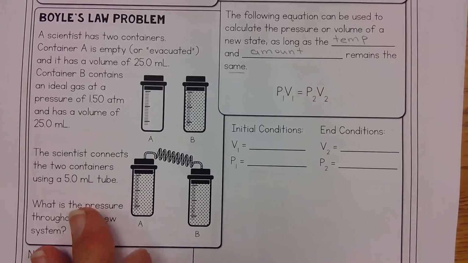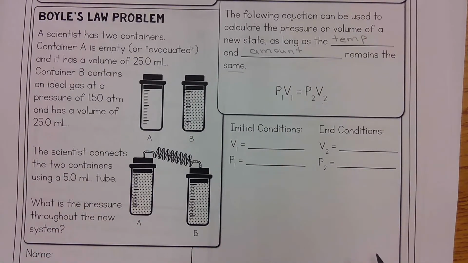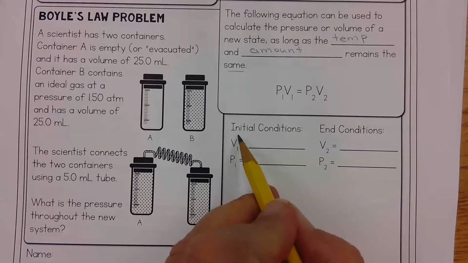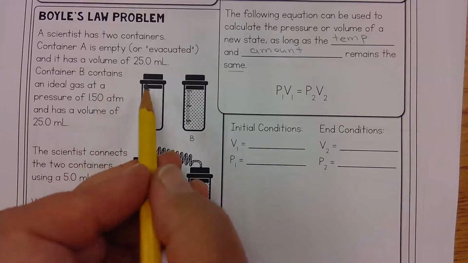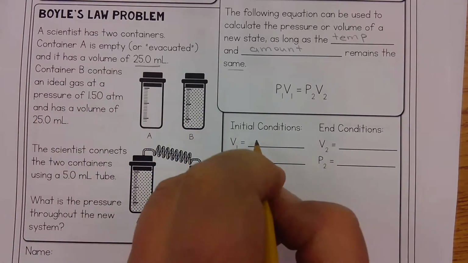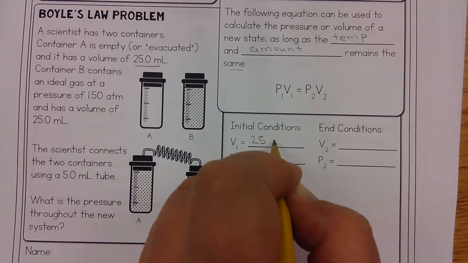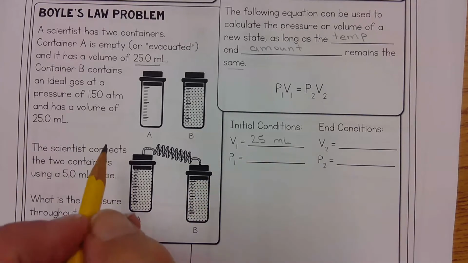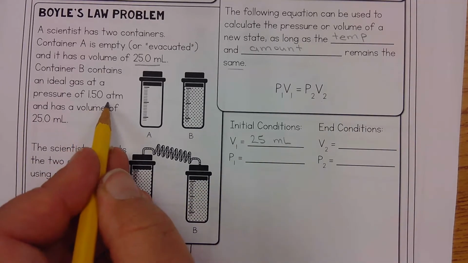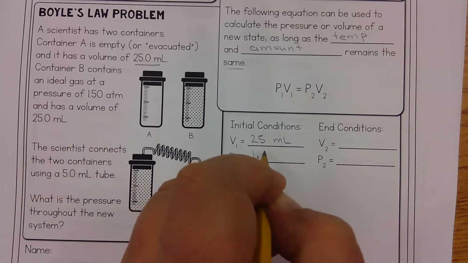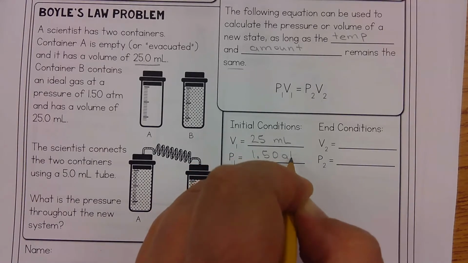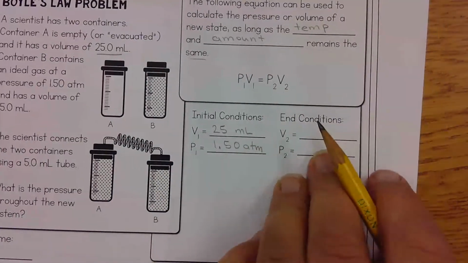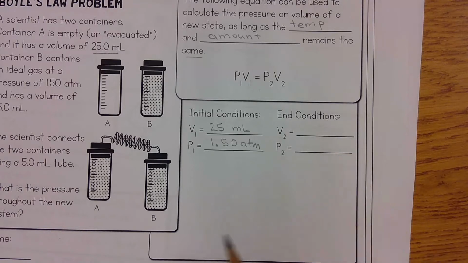When we do these problems, the first thing I always like to do is write down as many numbers as I know. The initial conditions: the volume was 25 milliliters and the initial pressure was 1.5 atmospheres. At the end, the volume is this whole thing.